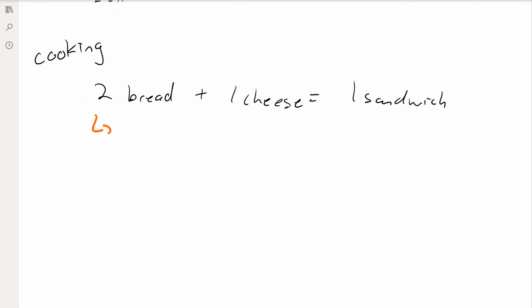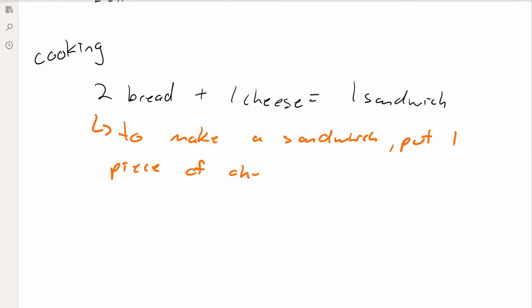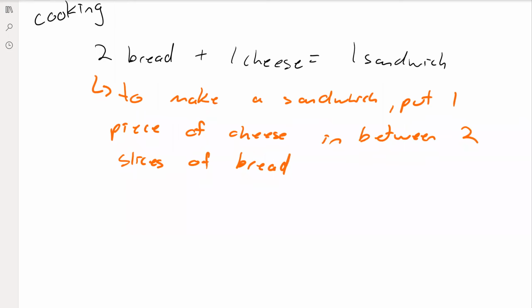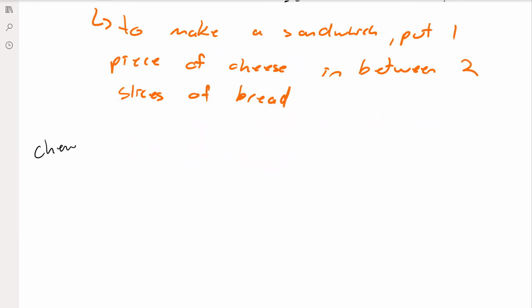And if we say the recipe in layman terms, you would just say, to make a sandwich, you put one piece of cheese in between two slices of bread, right? Nothing too complicated there. You just go out, you get two slices of bread, one slice of cheese, and you go ahead and make yourself a sandwich.